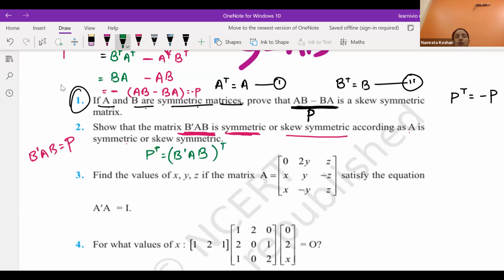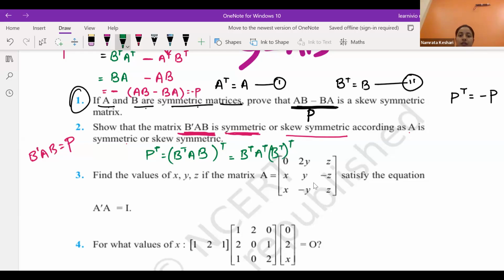Now you have learned the rule of transpose: if we have AB transpose, it can be written as B transpose times A transpose. If we have ABC transpose, it can be written as the last one's transpose, then B transpose, then A transpose. Getting it, Kiran?